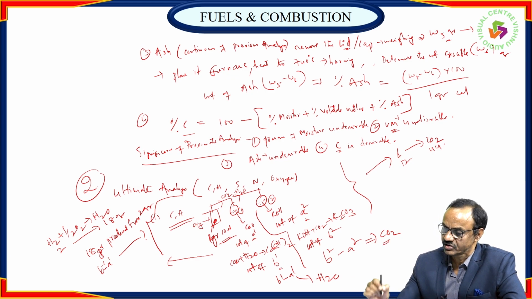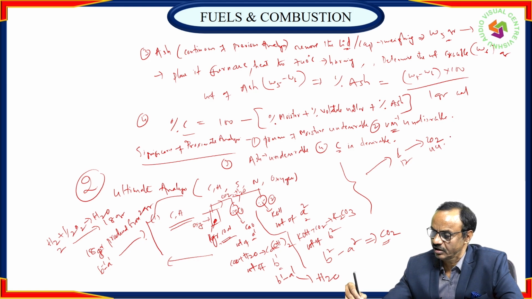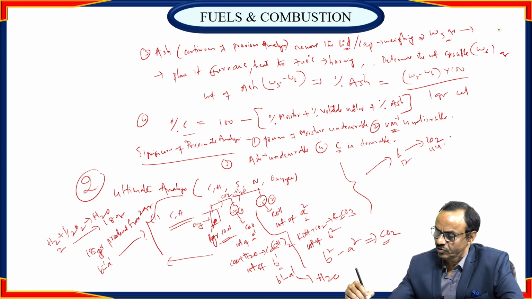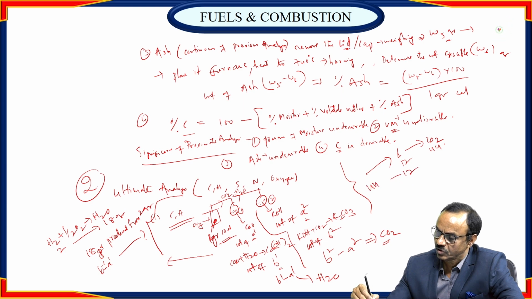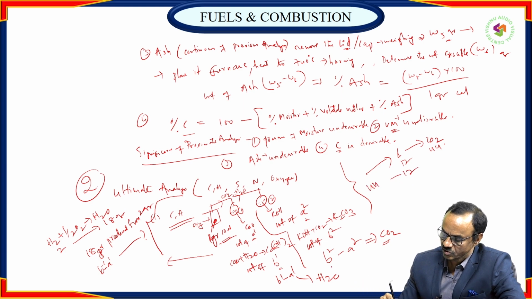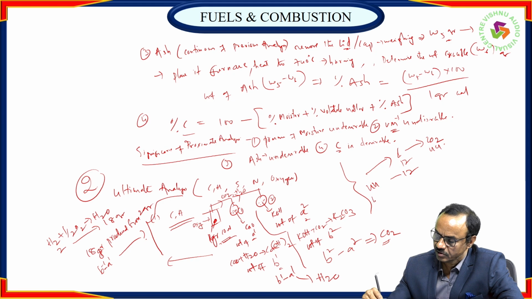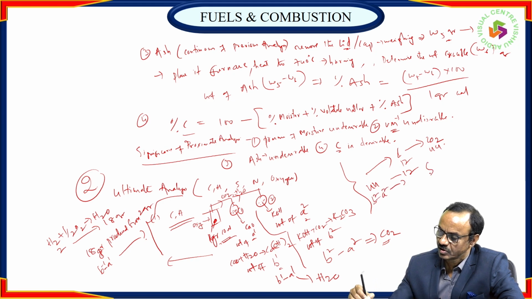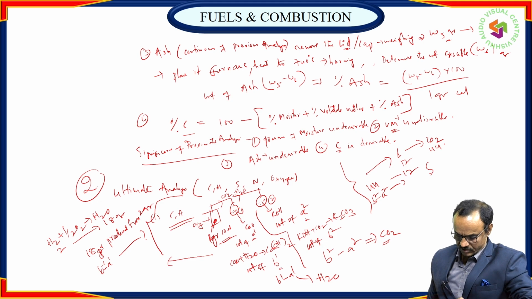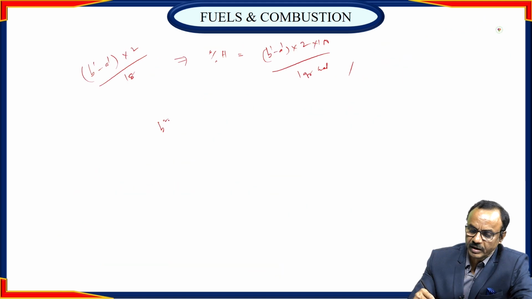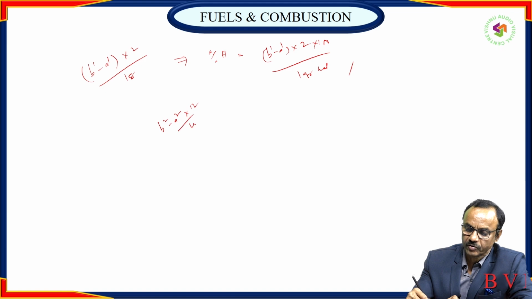CO2 is analyzed, not C. So you can write in reverse direction: 44 grams produced from 12 grams. Here, how much did you get? B2 minus A2 produced from how much? Right? From this, B2 minus A2 into 12 by 44.